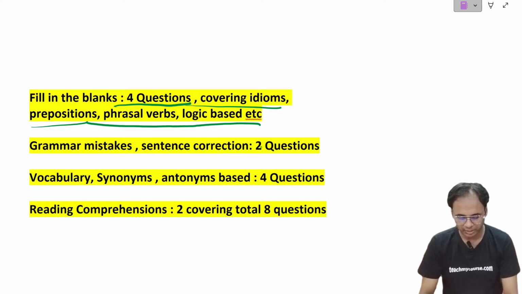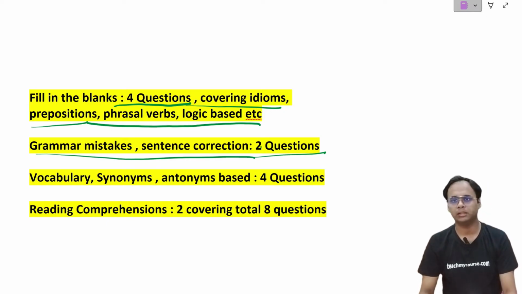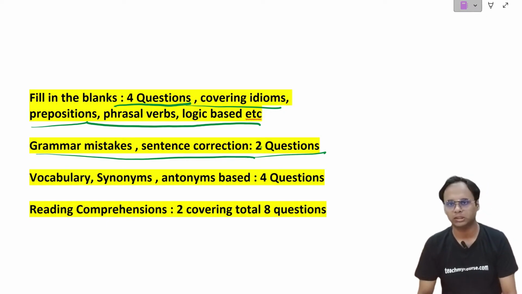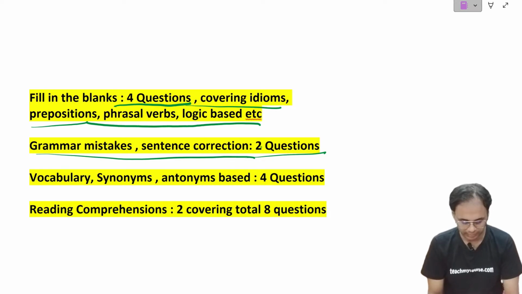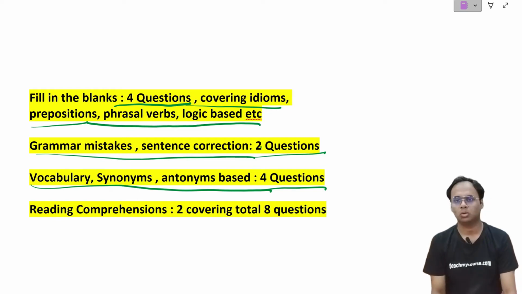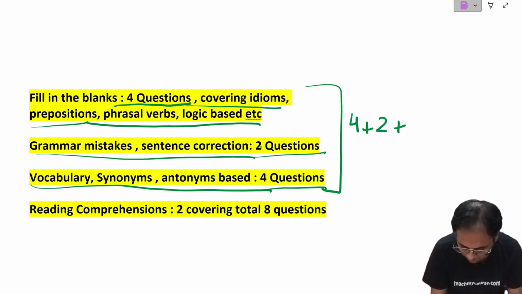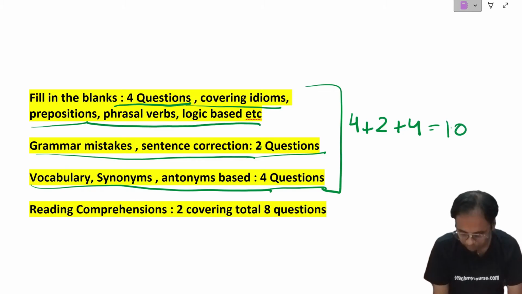Then two questions are based on grammar mistakes: there would be some sentences and you will have to find the grammar mistakes in them. Then four questions are based on vocabulary, synonyms and antonyms. So till now we have 4 plus 2 plus 4, a total of 10 questions.